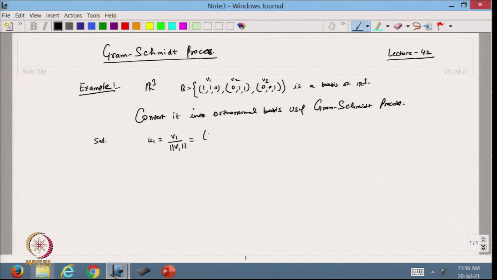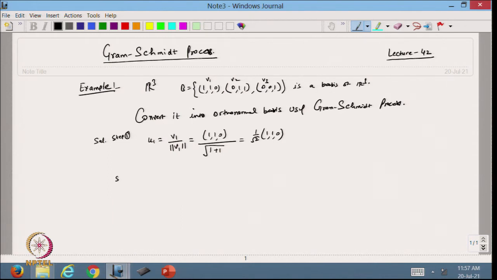V1 is 1 1 0 and its magnitude is the root of 1 plus 1. So, it will become 1 by root 2 times 1 1 0. That is my vector U1, a normalized vector. So, that is step 1.